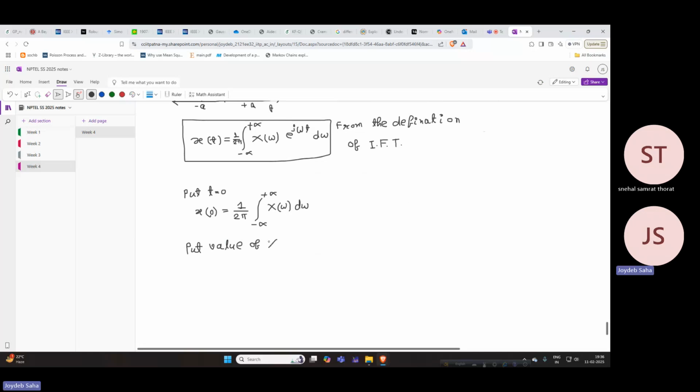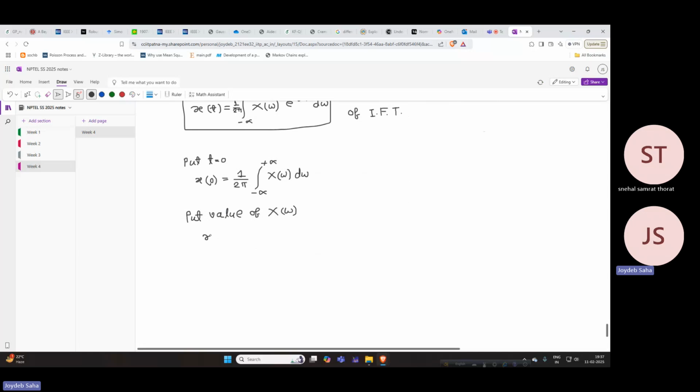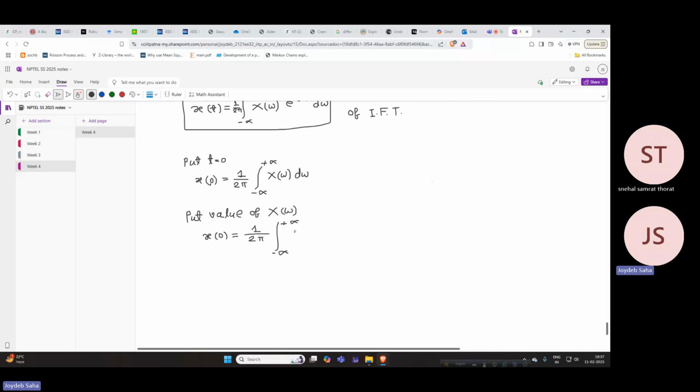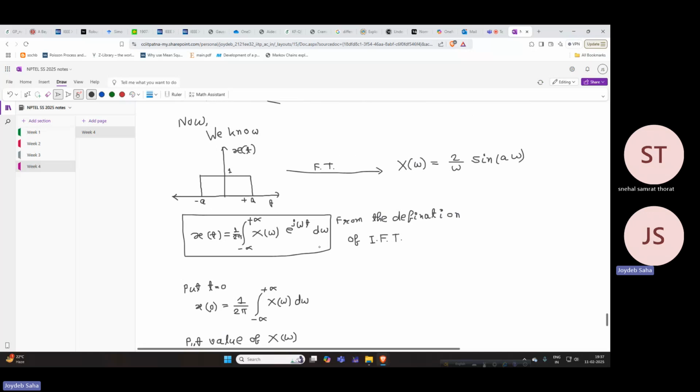Yes, the comment says in section 3, the authors introduced new symbols that were not previously presented. But sir, it was already defined there. Not defined, but this 1 upon 2 pi integral from minus infinity to plus infinity, what was the value? 2 upon omega sine a omega.